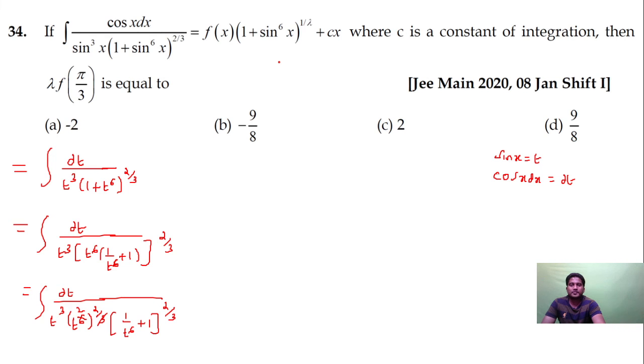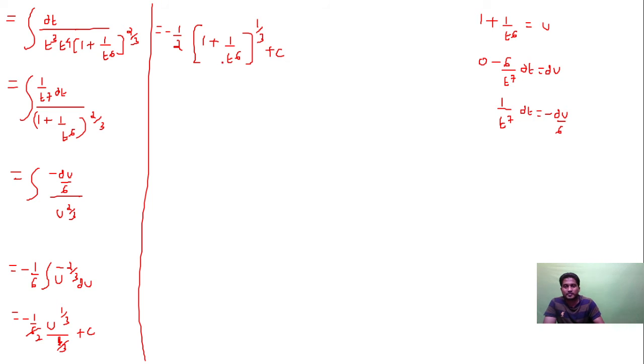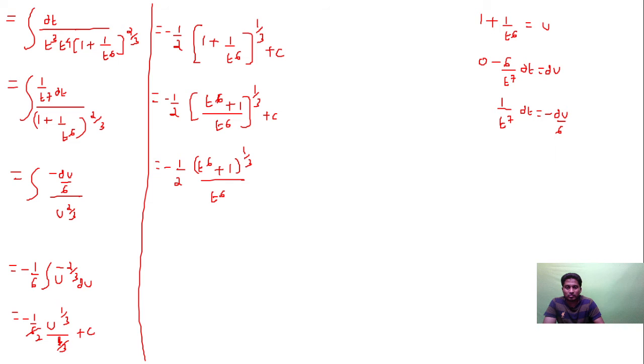Okay, now I'm supposed to find, if I cross multiply, this is equal to minus 1 by 2 times t to the power of 6 plus 1 upon t power 6 whole to the power of 1 by 3 plus c. If you take that outside, this is minus 1 by 2, t to the power of 6 plus 1 whole to the power of 1 by 3 upon t power 6 whole to the power of 1 by 3, plus c.